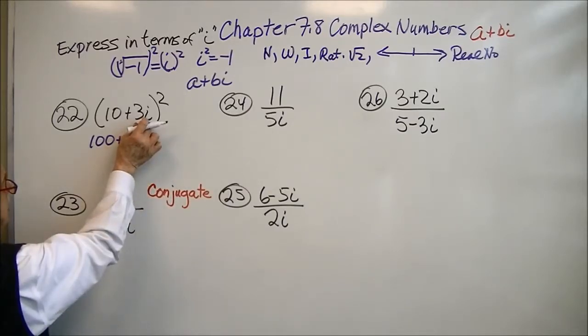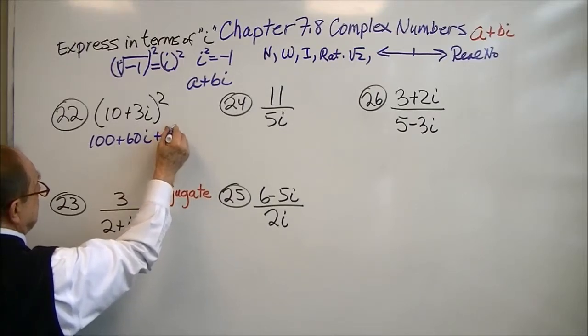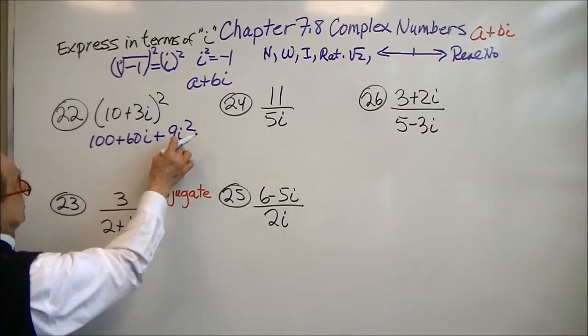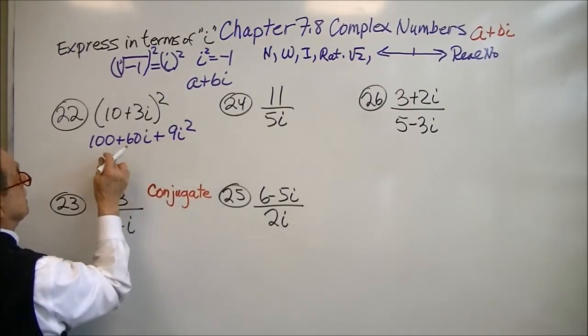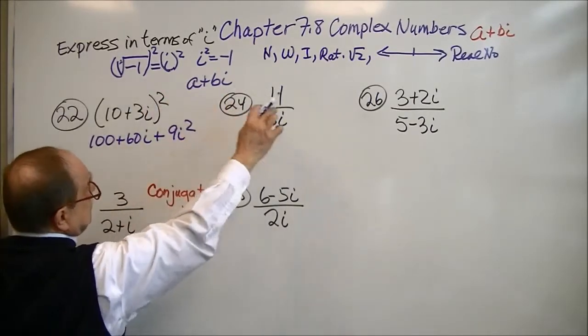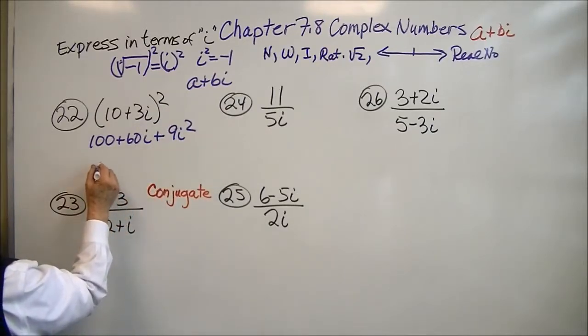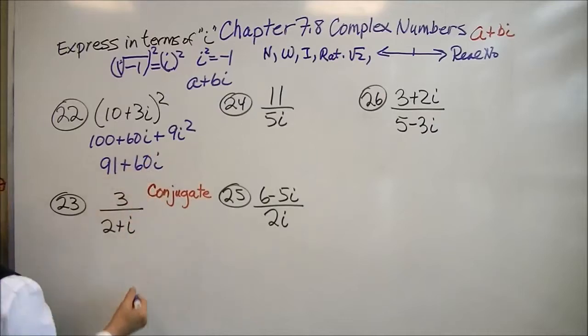And we square our last term. That gives us a positive 9i squared. But we know that i squared is a negative 1. This is a negative 9. So our standard form, up over there and over here, is going to be 91 plus 60i.